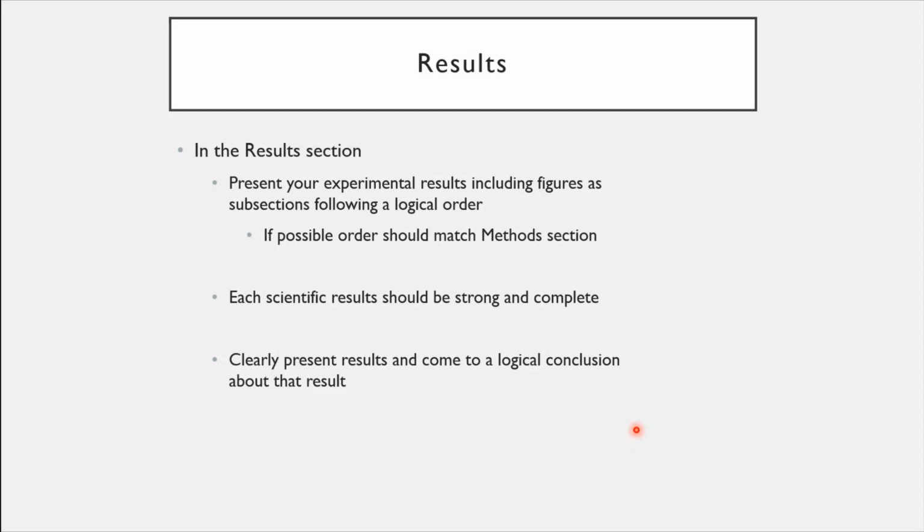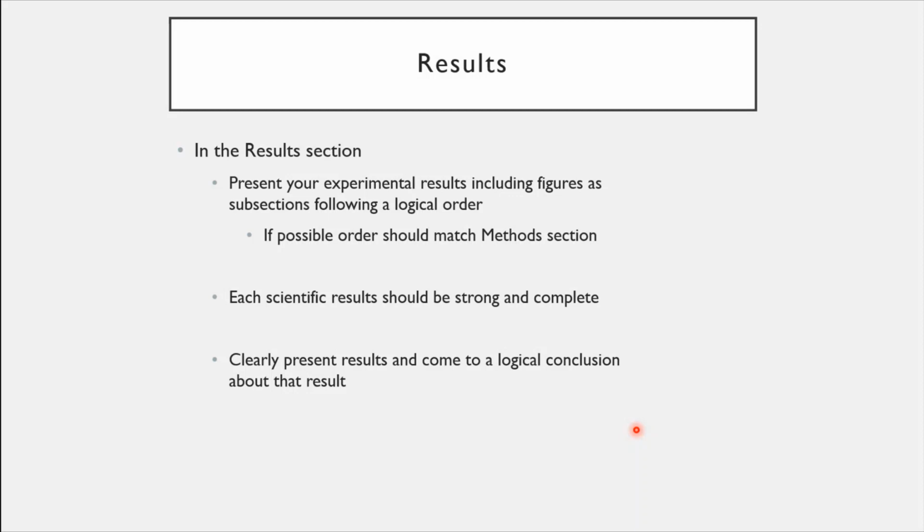In the results section, it's very important to show strong and complete scientific results. This is because in the results section, you should only plainly present your results. You're not going to discuss them.